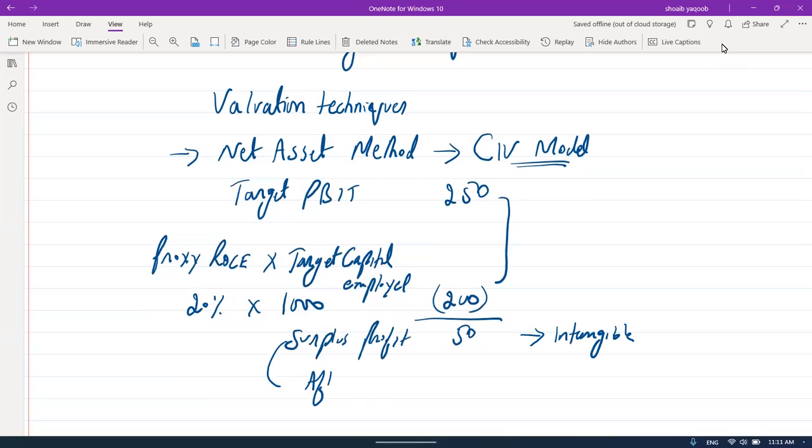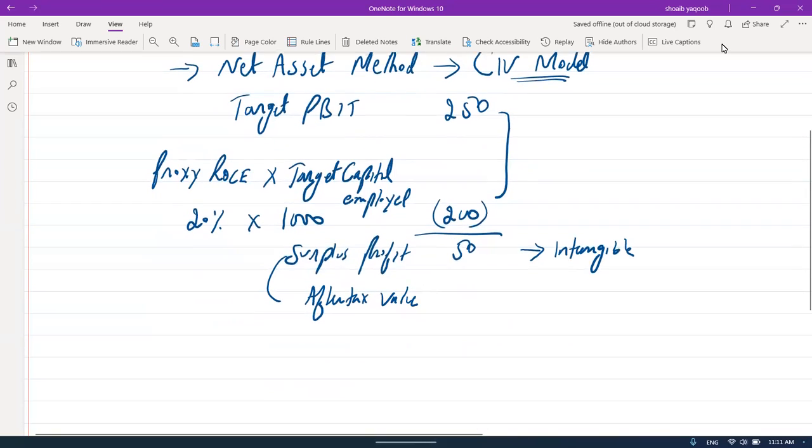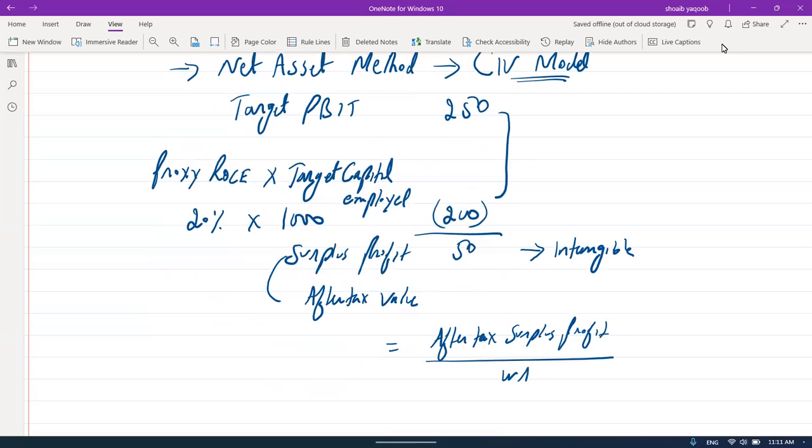Take its after-tax value and then take its present value. Divide by WACC. That is the present value of intangibles. It's a very simple model called the CIV, calculated intangible value.